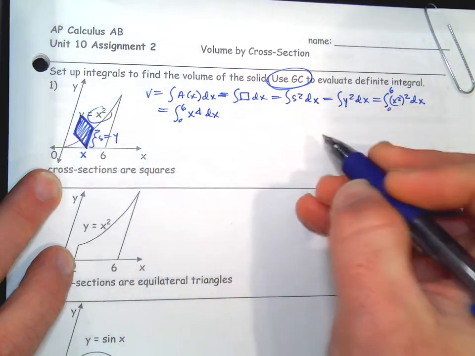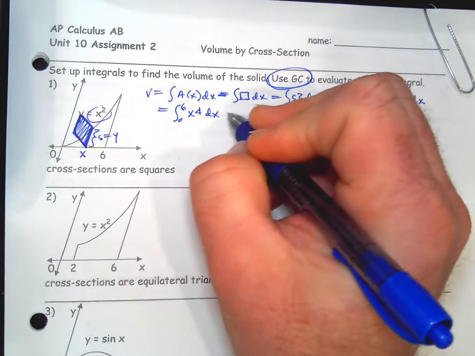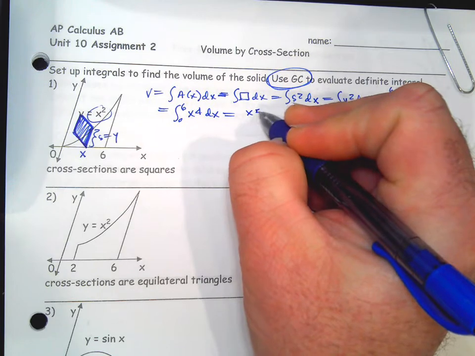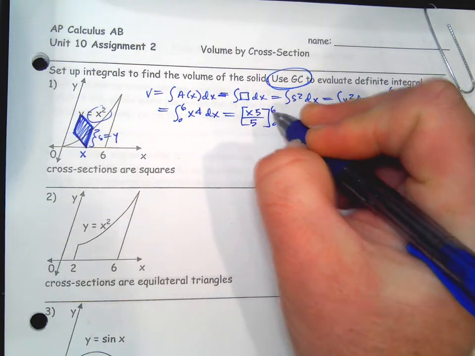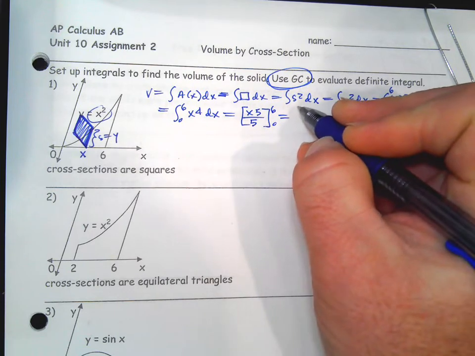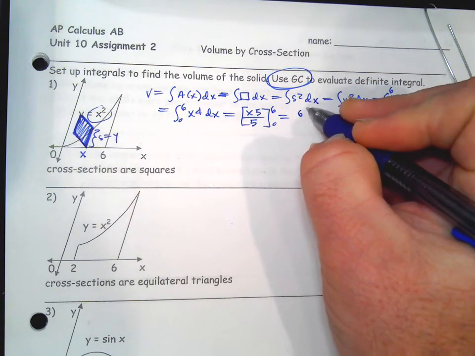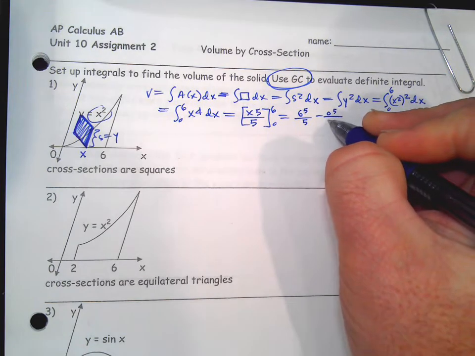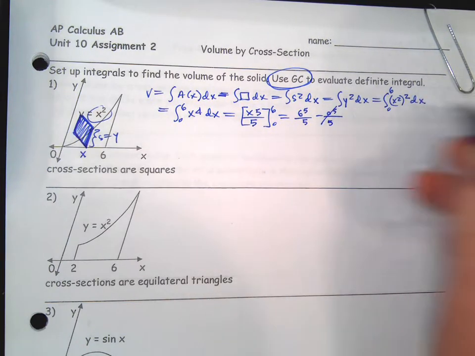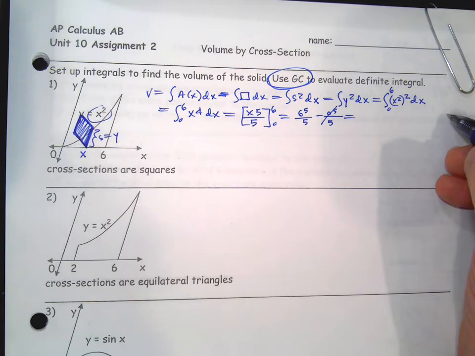Now you can put this in your calculator to get the answer, which I'll show you in a second, but we could also work it out by hand. X to the 5th over 5, 0 to 6. 6 to the 5th, some big number. That term's going to go away, so I guess we're trying to figure out what 6 to the 5th is.